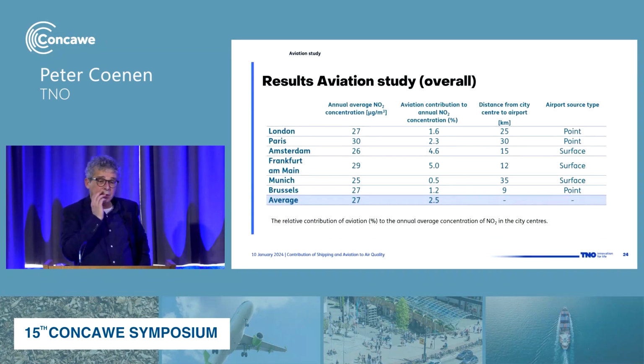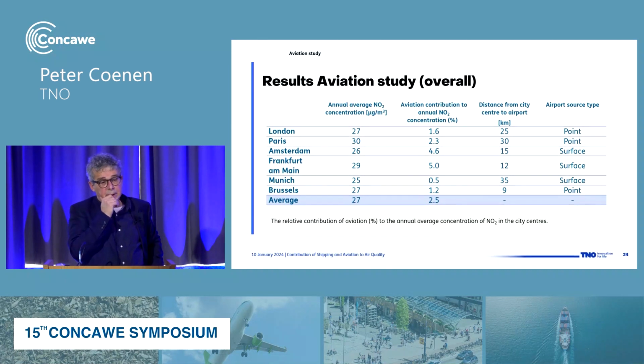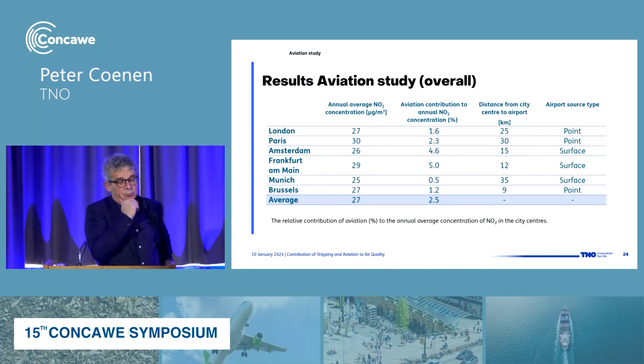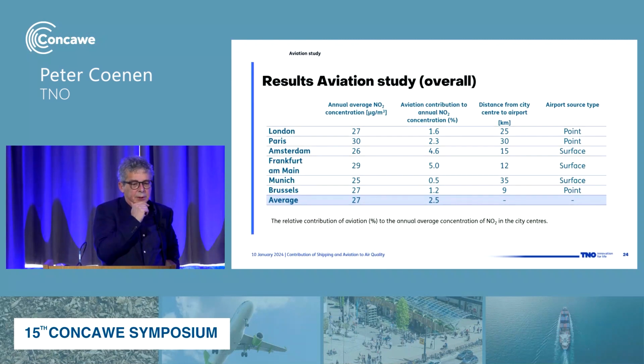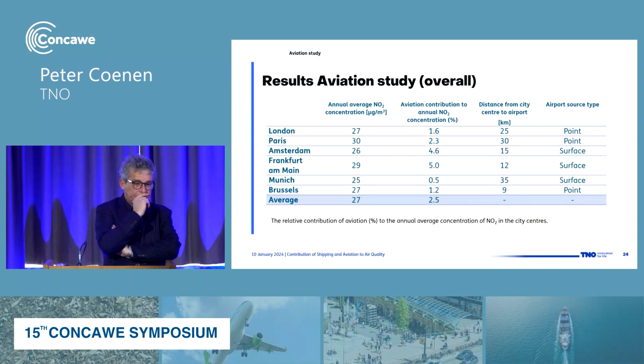Results of the aviation study overall: you see that the aviation contribution to the annual NO2 concentration in the city centers is not that big, but it can be up to 12%, up to 5% of the total concentration.